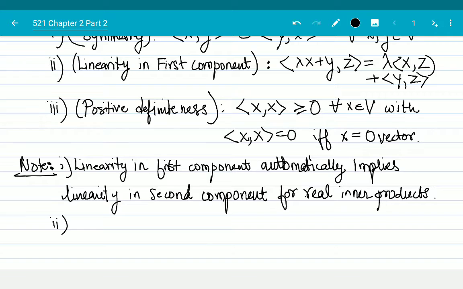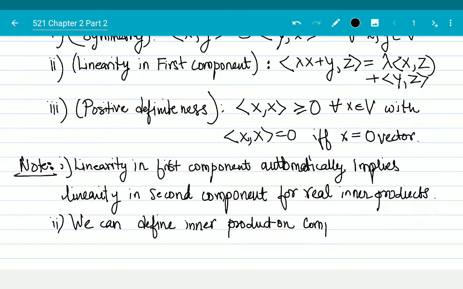You can define an inner product on complex vector spaces, but then the symmetry condition becomes different.